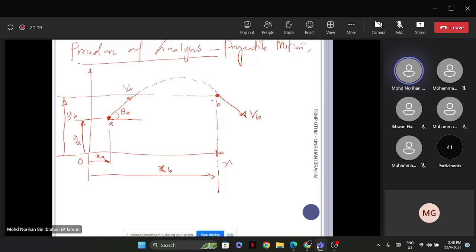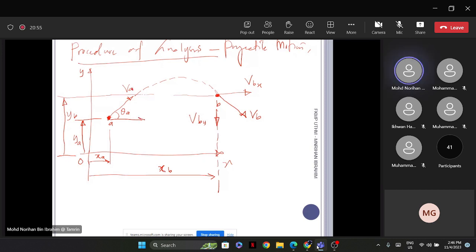Since we are applying the rectangular x-y coordinate system, we need to break it down into the components of x and also y. So we're going to have this VBx, and also VBy. Similarly, this is A, the particle A. It has an initial velocity of VA.